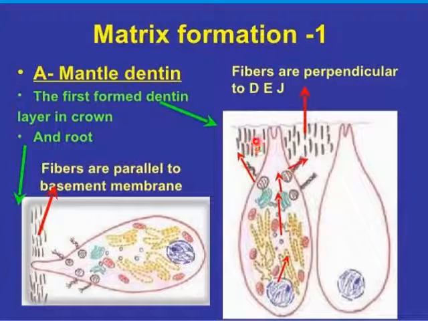These fibers, as we said, are perpendicular to the basement membrane and are called von Korff's fibers, which are present in the dentin of the crown, while the fibers in the dentin of the root differ, being parallel to the basement membrane.